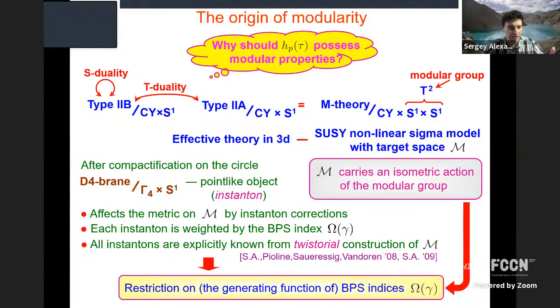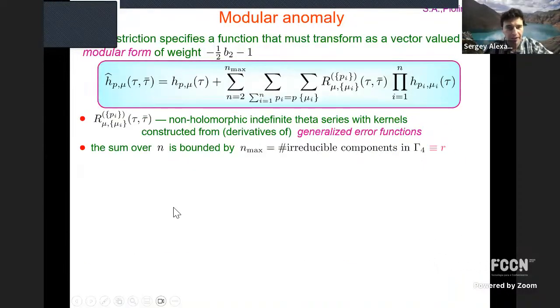And what is remarkable is that actually one can derive these constraints explicitly. And this is what I'm showing on the next slide, namely that these constraints can be formulated in the following way. They require that this particular combination of the generating functions must be a modular form of the same weight which we had before. So how does this combination look? You see, you have just the original generating function plus a certain correction term.